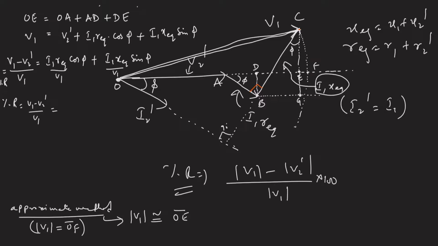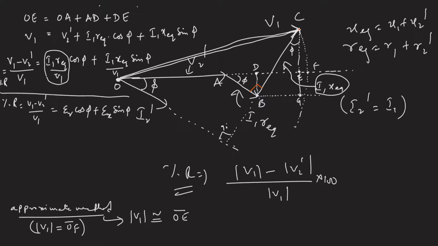I1 R equivalent is a resistive drop; taking it as a percentage of the rated voltage gives the percentage resistive drop ER cos phi, plus the percentage reactance drop EX sin phi, right?